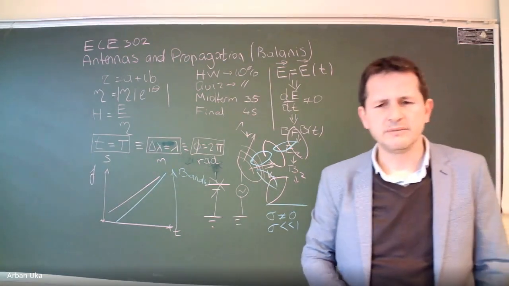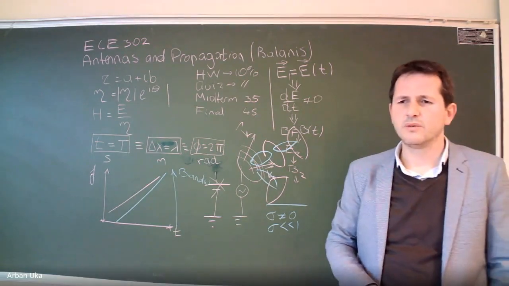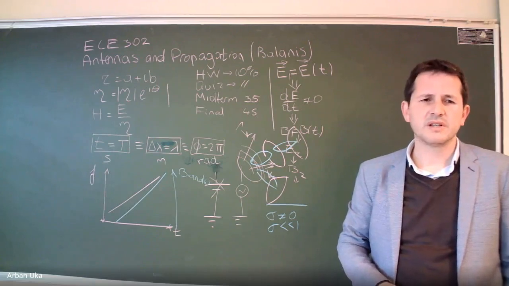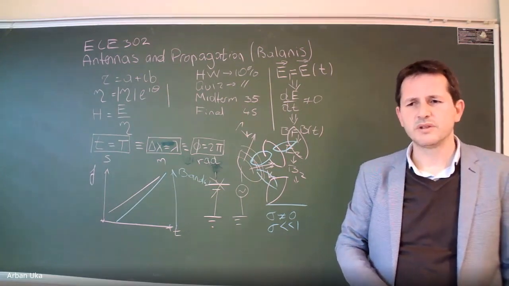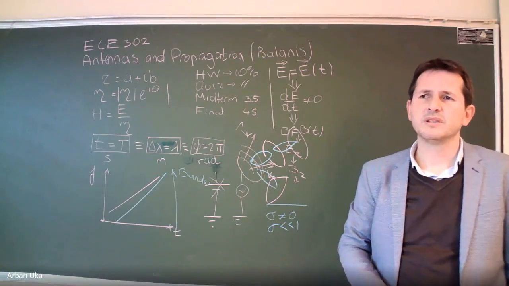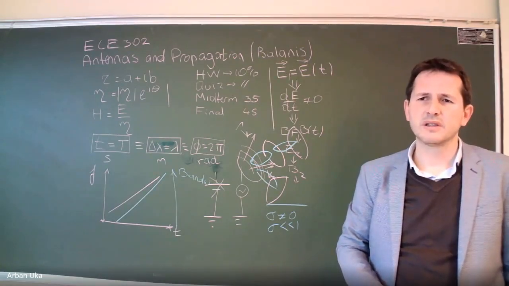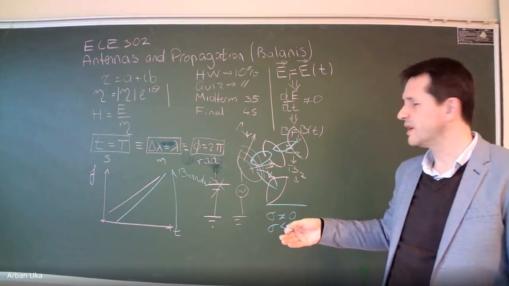So on a rainy day, because of the water, it behaves slightly, of course, very different from vacuum. And if we consider, for example, seawater, it is really a good conductor, which means that it has a limited skin depth, or a limited distance where the wave can propagate.